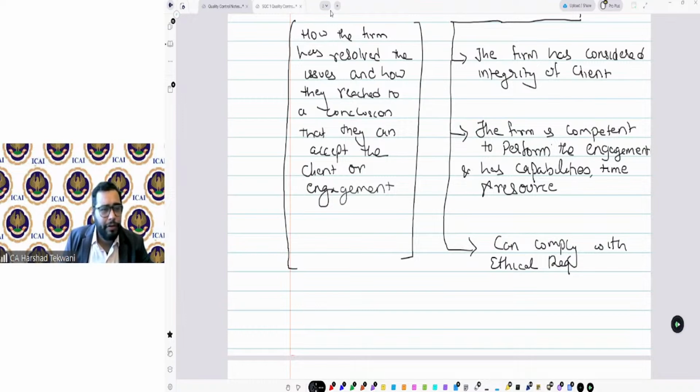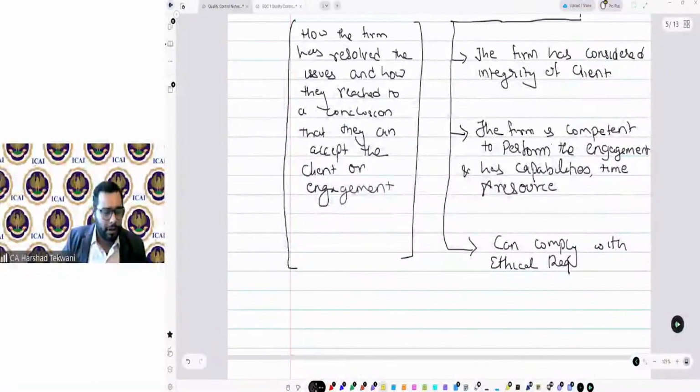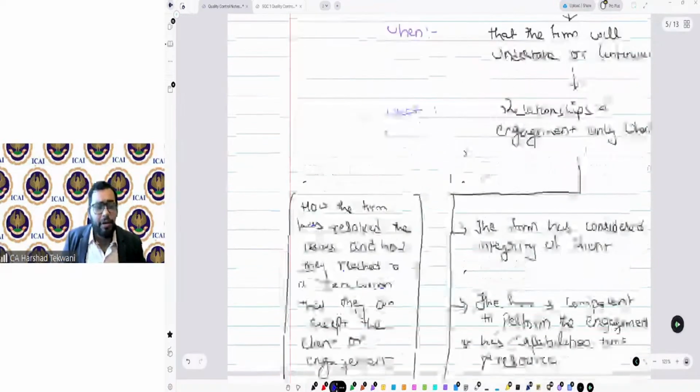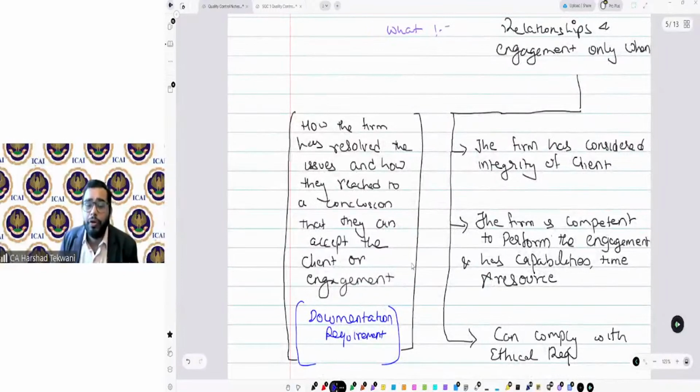So that is the documentation required along with this. Documentation is required when you identify an issue, or how you come to a conclusion that you can accept the client or continue the client. Clear? Any doubt?